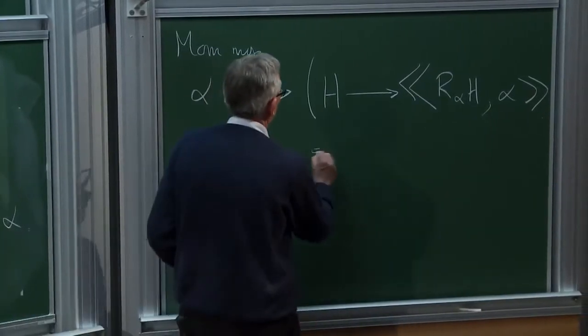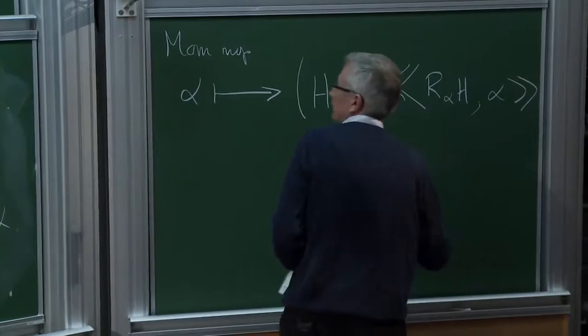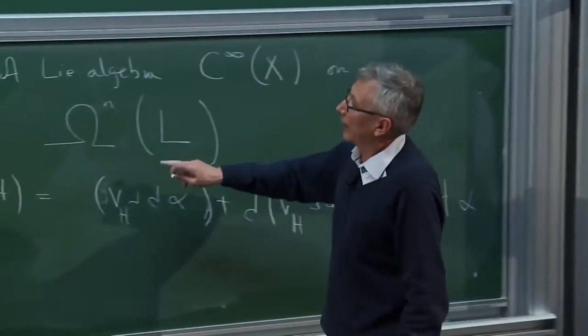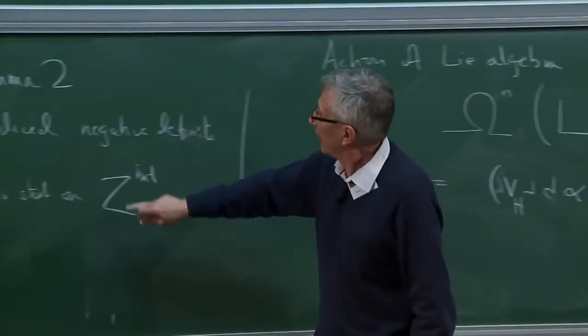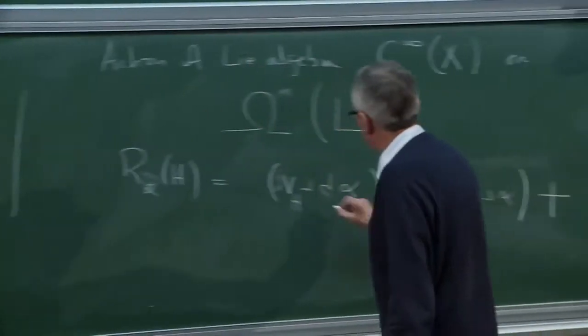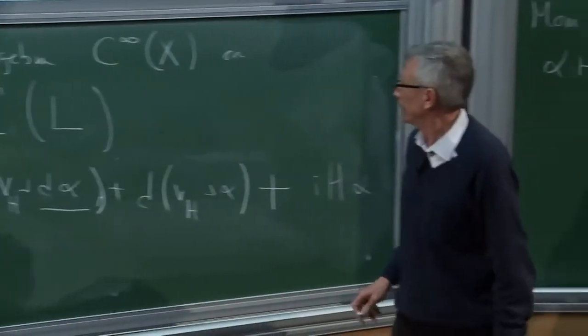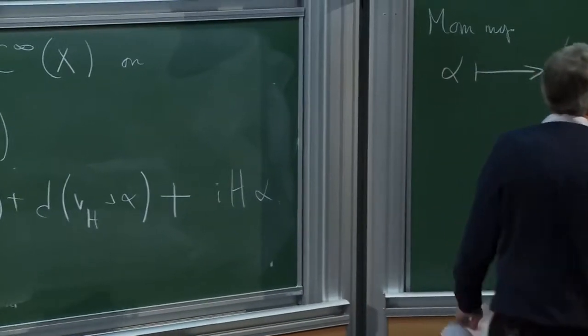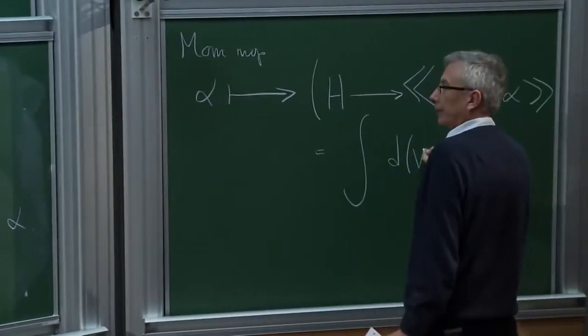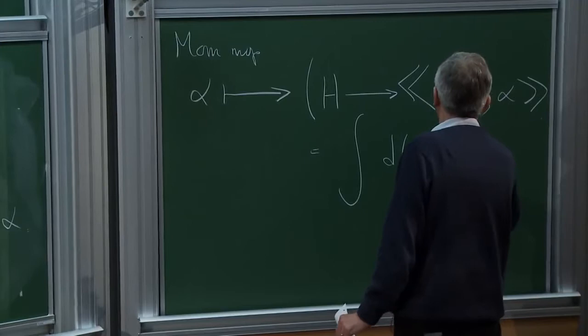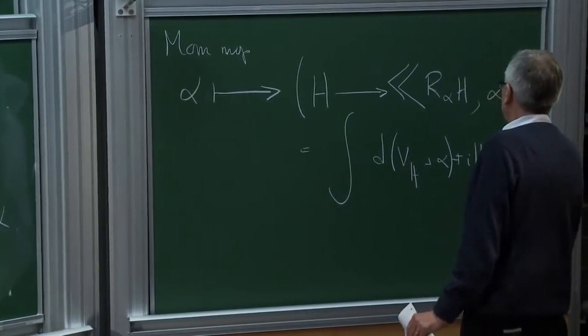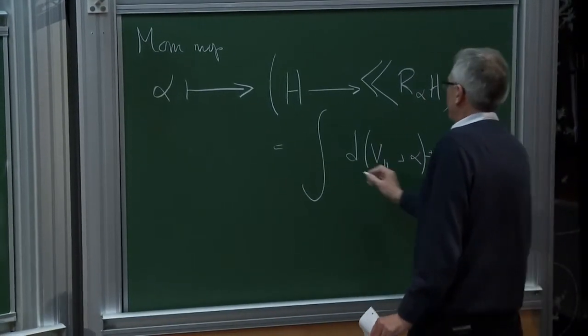So this is just the integral of that. But now let's specialize to our situation, where our form alpha is in the situation we're considering. That means that d alpha is 0, so we lose that term. So we just get d of V_H contracted with alpha plus iH alpha.